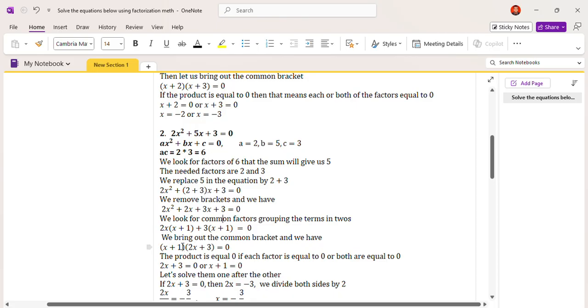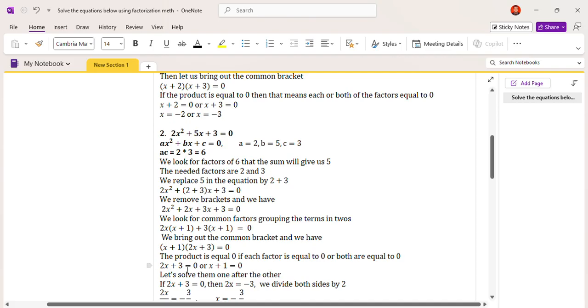So if x plus 1 bracket 2x plus 3 equals 0, that means x plus 1 equals 0, or 2x plus 3 equals 0, or both of them are 0. The product is 0 if each factor is 0, or both are 0.